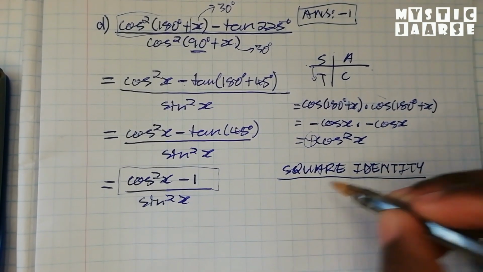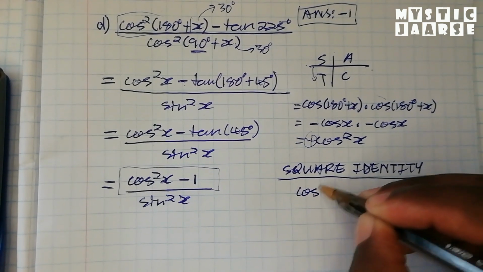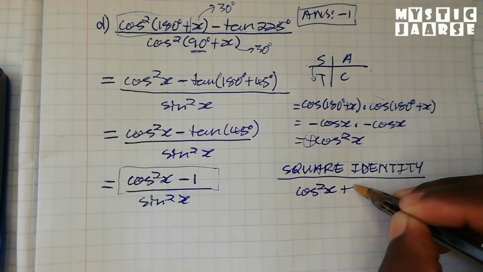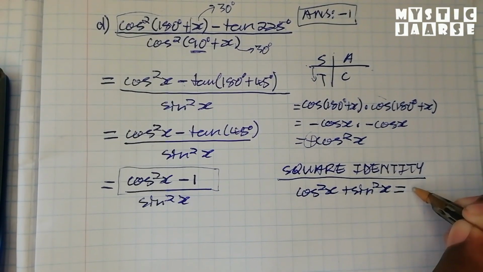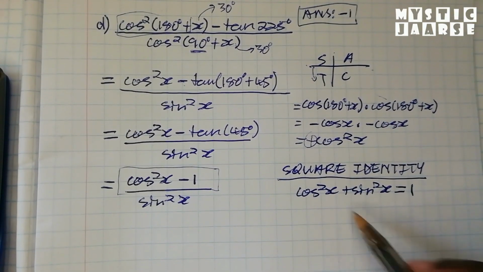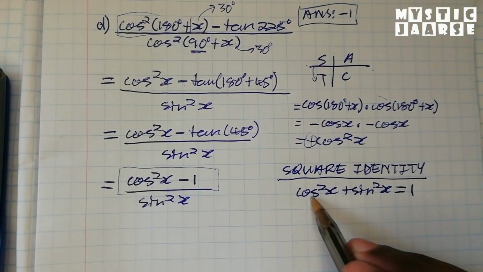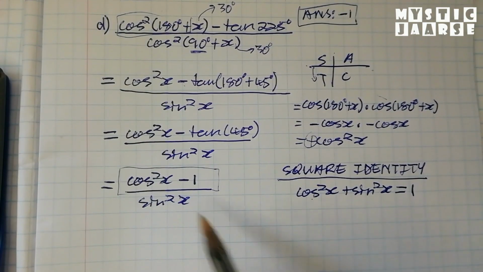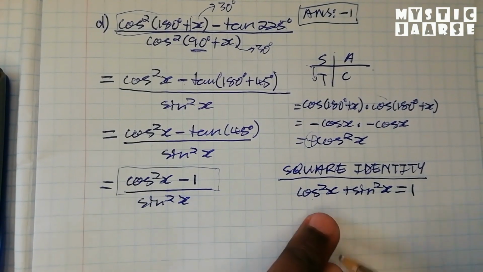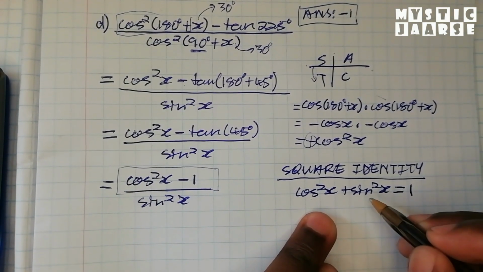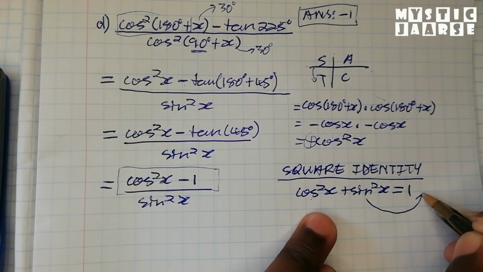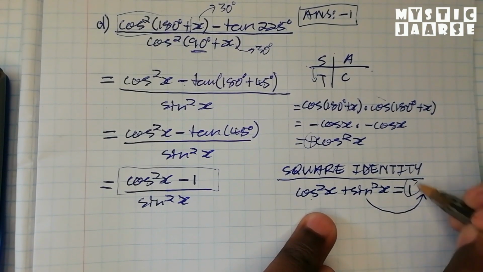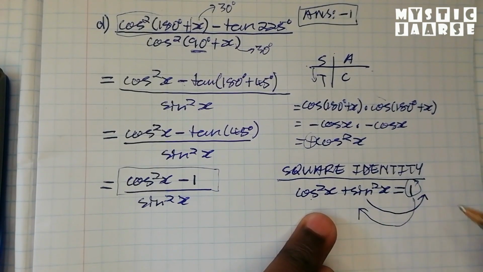Your square identity says that whenever you have cos squared x plus sine squared x, the answer that you get is 1. Now you need to play around with these terms to get this. So what would happen if we take sine squared x and transpose it to this side, then we take 1 and transpose it to this side?